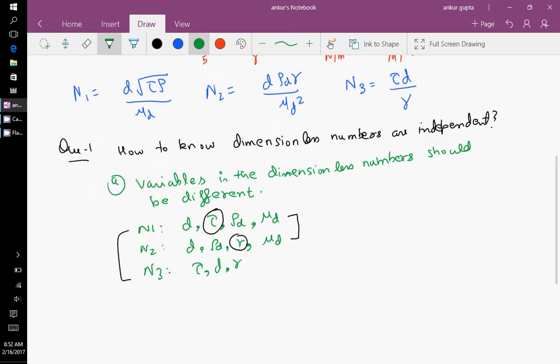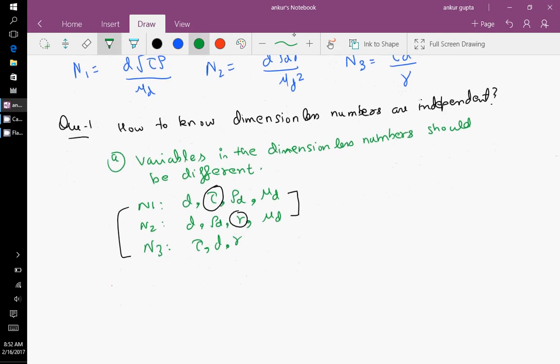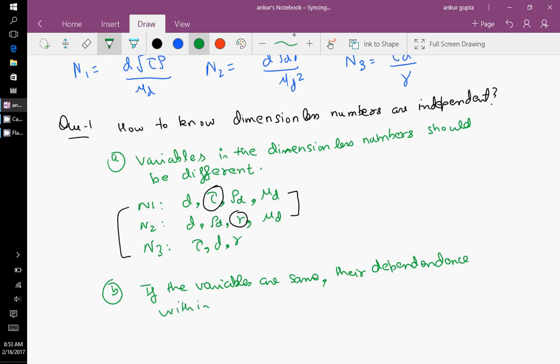Secondly, it is possible that the dimensionless numbers may have the same variables. Although that is very rare, you will generally have the case where the variables are different. But if the variables are the same, their dependence within the numbers should be different.